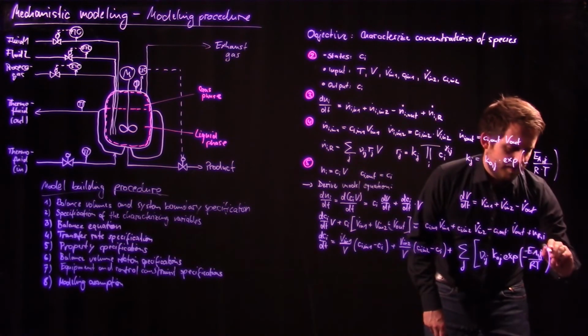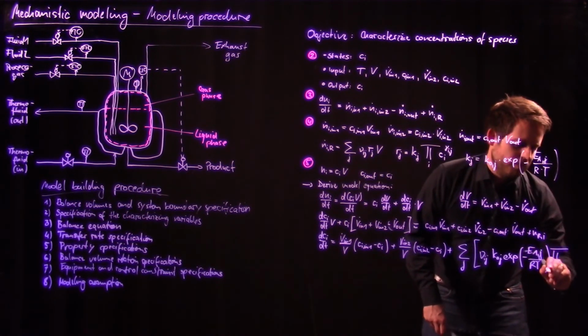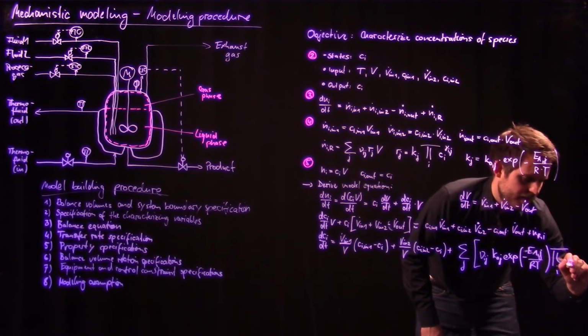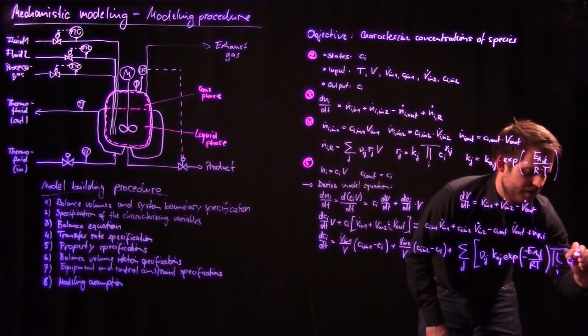And this then times this expression for the concentrations, Ci to the power gamma I,j.